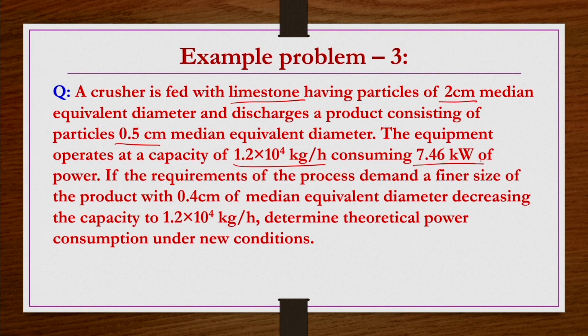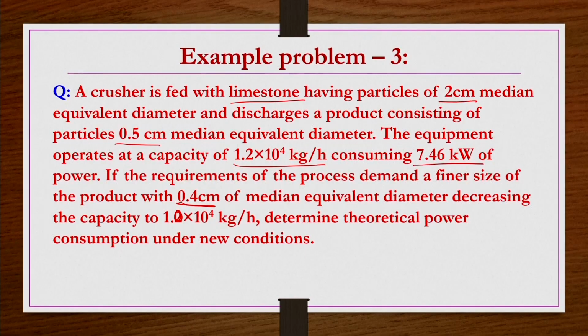If the requirements of the process demand a finer product, with the same feed but a product of 0.4 centimeter median equivalent diameter, and the capacity decreased to 1.0 into 10 power 4 kg per hour, then how much power would be required?